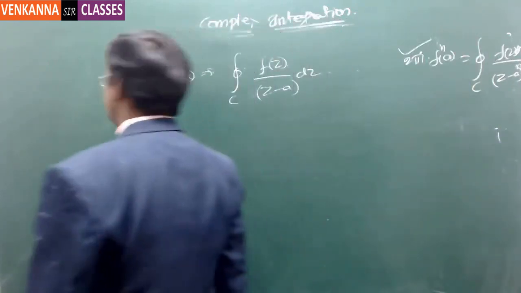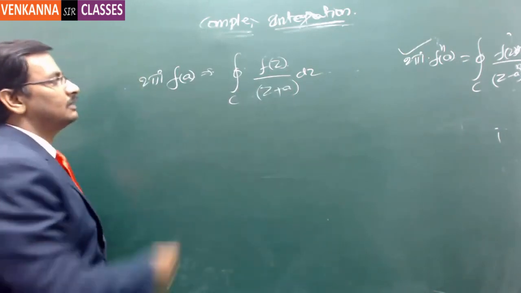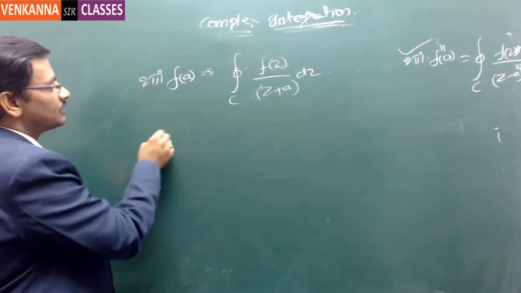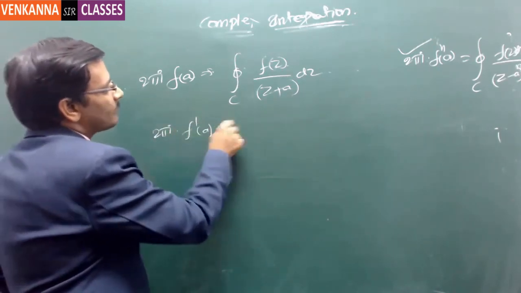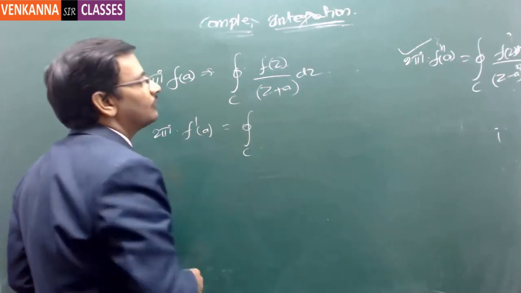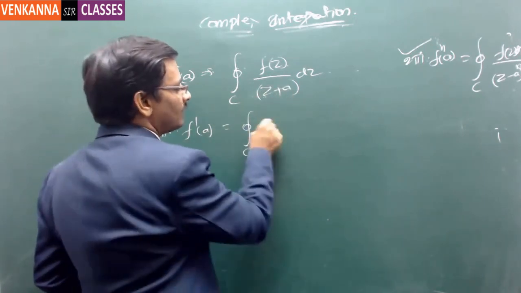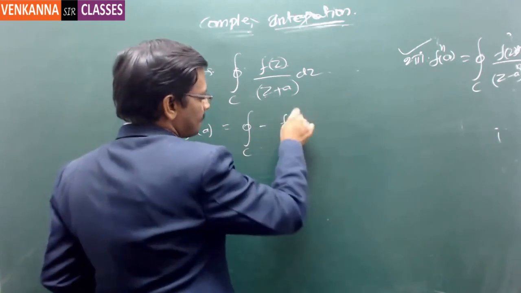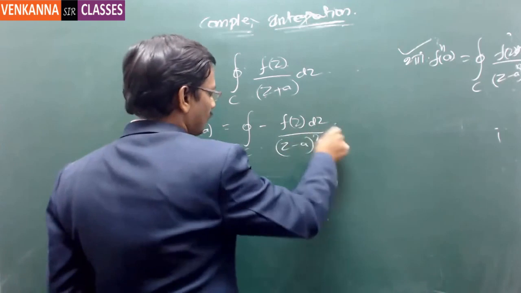But suppose I suspect that this is plus. Then the first derivative is 2 pi i times f dash of a equal to the integral over the contour C, and the derivative of z plus a gives minus 1 divided by (z plus a) whole square.